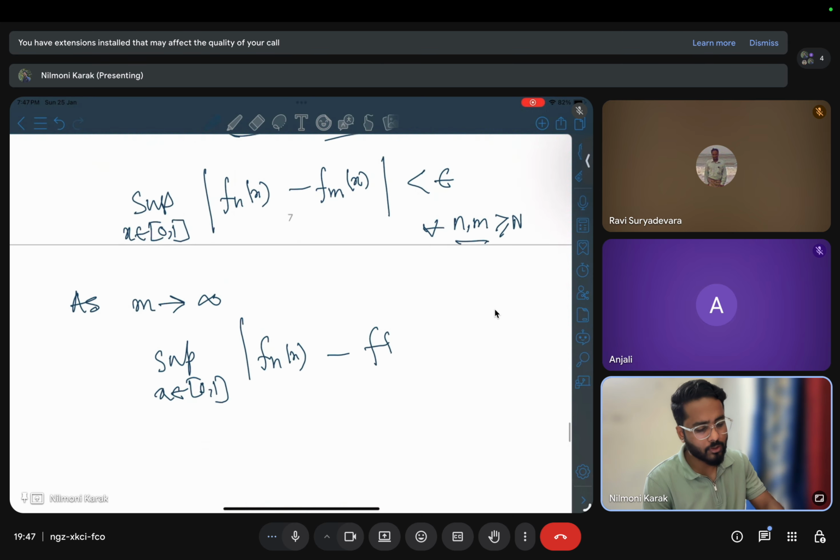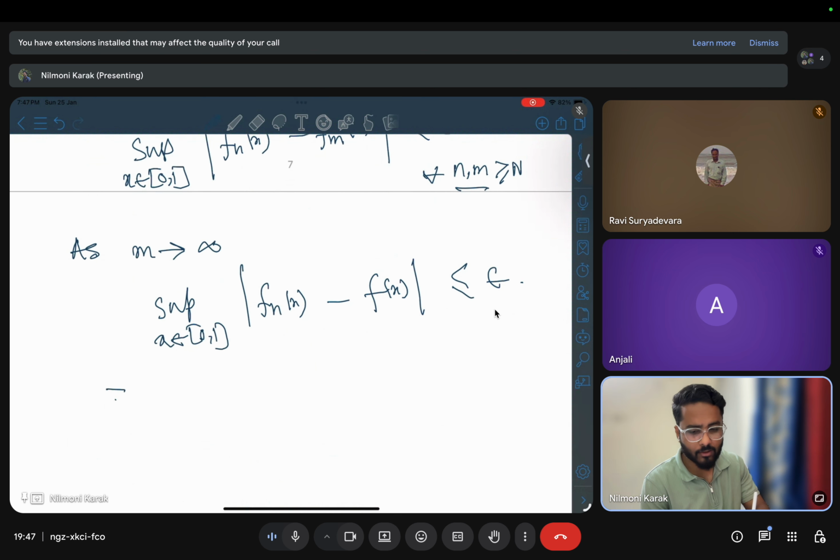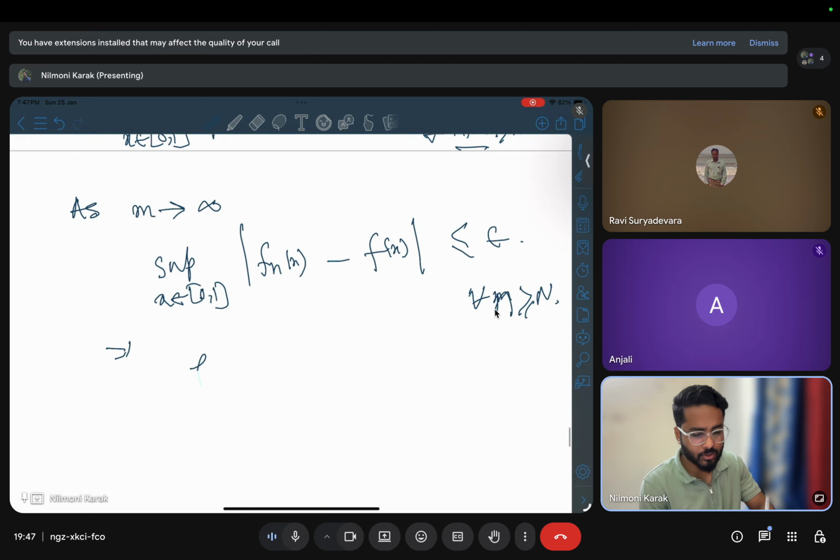So you are taking the limit on both sides, so it is less than or equal to epsilon, and from here it holds for every epsilon greater than 0 and for every n greater than or equal to N. So you know the definition of uniformly convergent, right? So f_n converges to f uniformly on [0,1].